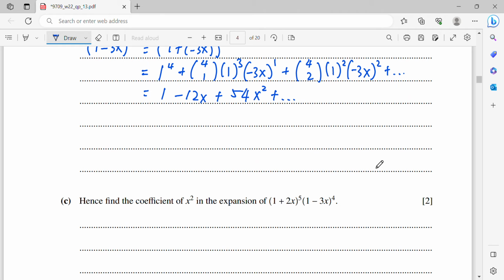Okay, now part C. Hence, find the coefficient of x squared in the expansion of these two terms. Hence means use the previous answer. So now, let's copy the question.